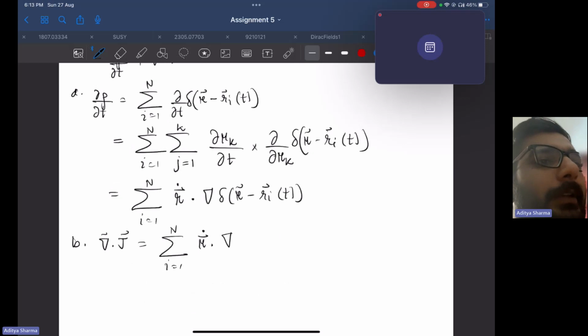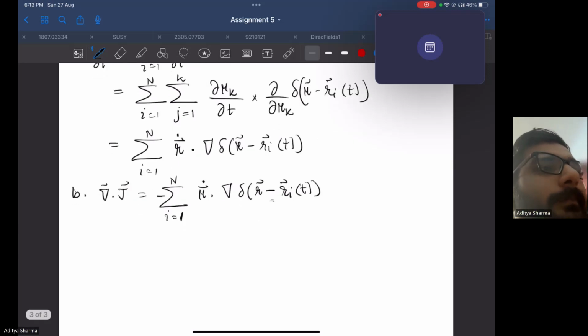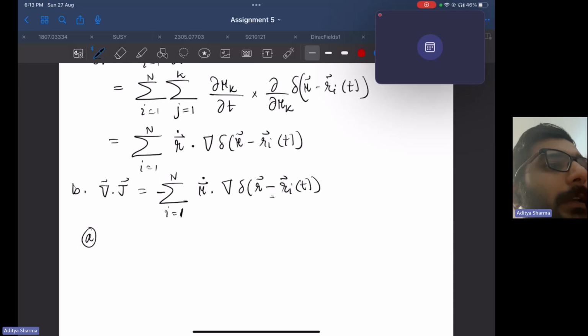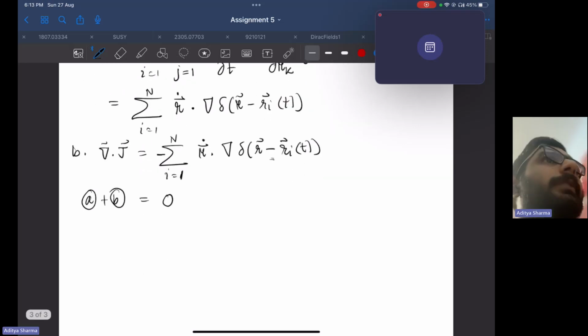So we'll have the gradient of the Dirac delta of r vector minus r_i vector at t. Since there's a minus sign here, I will get an overall minus sign. Therefore, when we add a plus b, we will get 0, and a plus b is nothing but the continuity equation. So we showed that this satisfies the continuity equation.